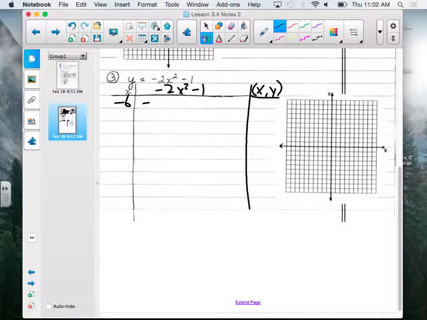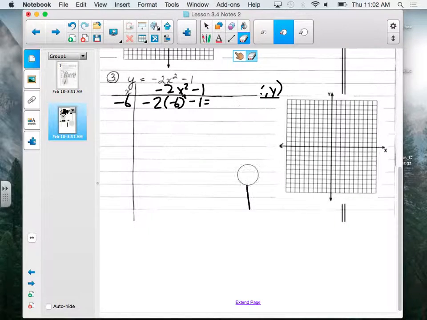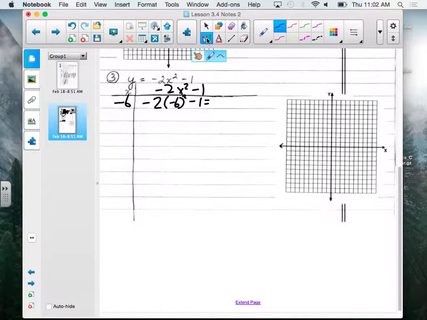So you plug in negative 6 for x. Negative 2 times negative 6 squared minus 1 equals negative 2 times 36, because that's 6 squared, right? Minus 1. What's negative 2 times 36?